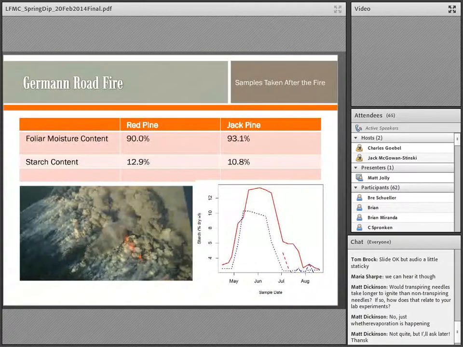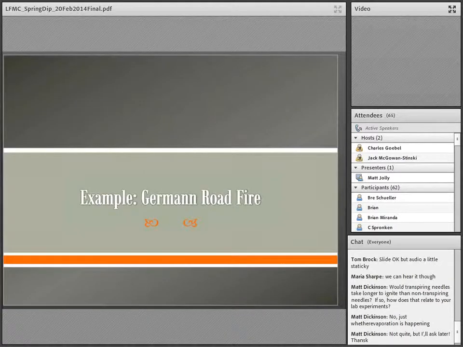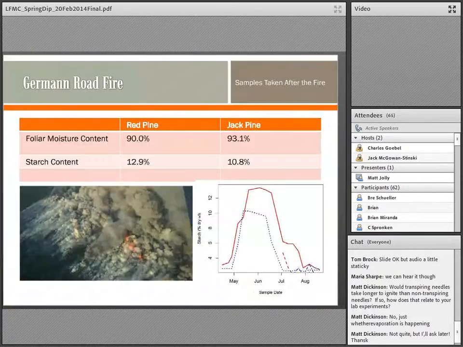So look at an example. The German Road Fire happened in Wisconsin this past year. It was either one of or the largest wildfire in that area in decades, I believe.